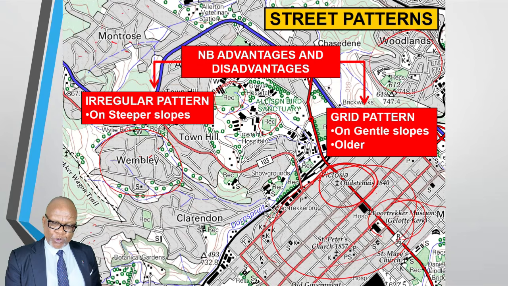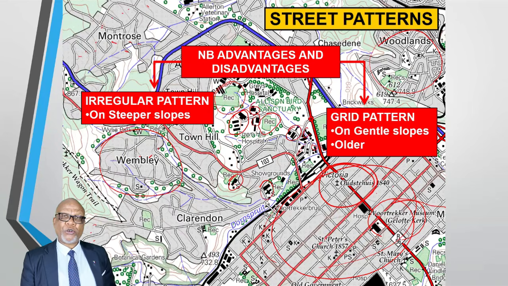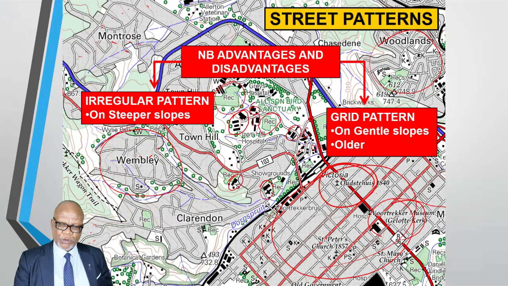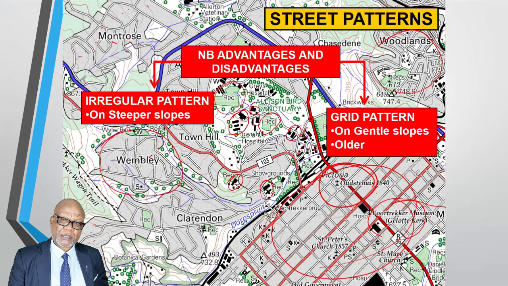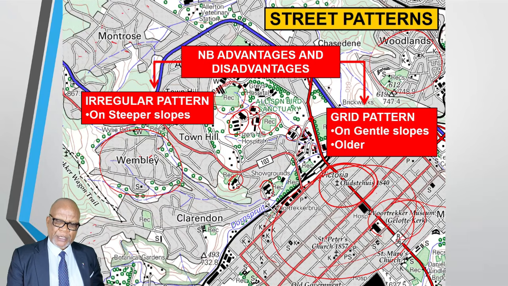When you look again on your map, you have these dark colors. On your key, they will indicate buildings. These dark colors could be a number of things.